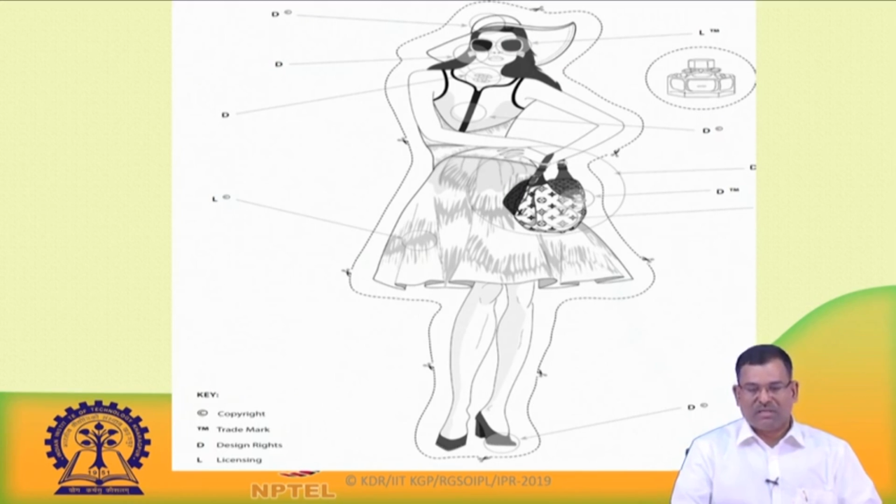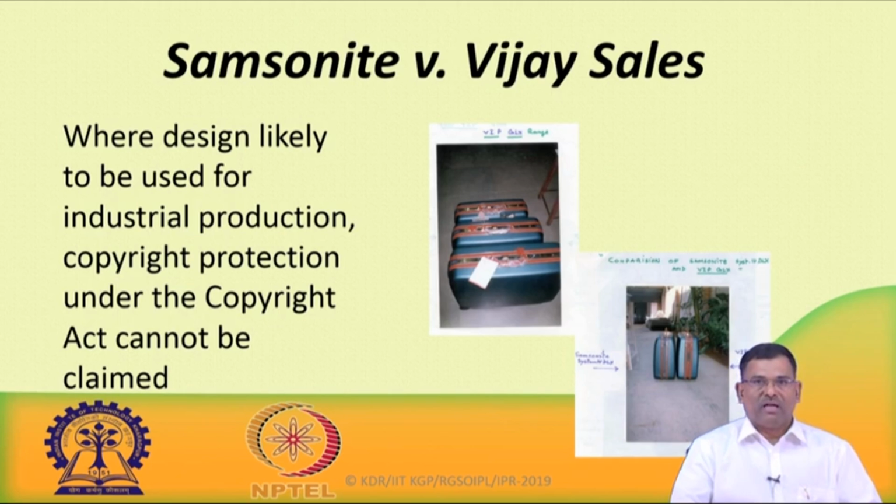That means multiple intellectual property rights can be found in a single product, which human beings use on a day to day basis. And if you look into some of the disputes, they are interesting disputes.